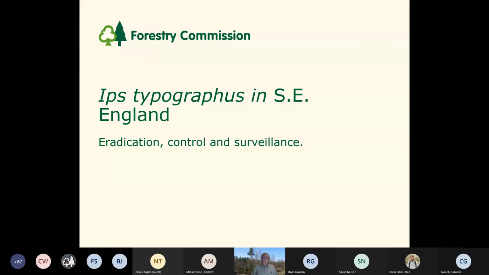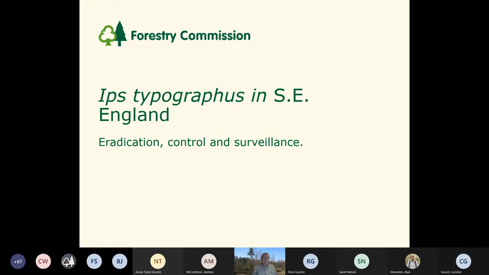A lot of my work is focused at the border, and I manage the inspections of timber, wood products and wood packaging that are being imported through many of our ports, in an effort to ensure we're not bringing more pests and diseases in through the trade pathways.